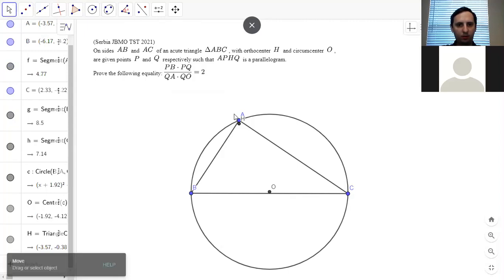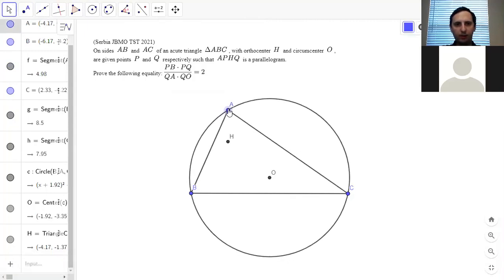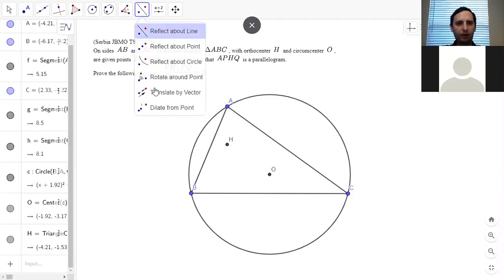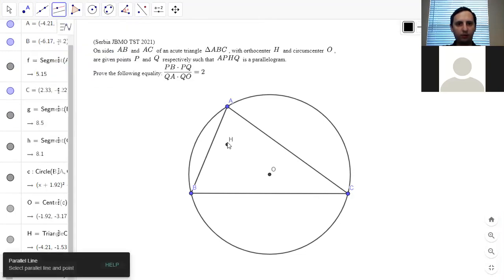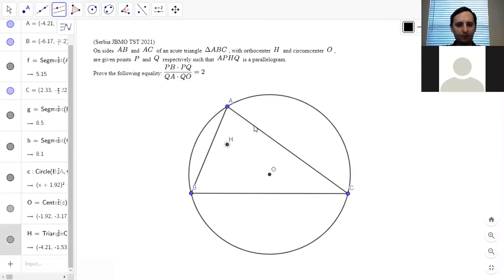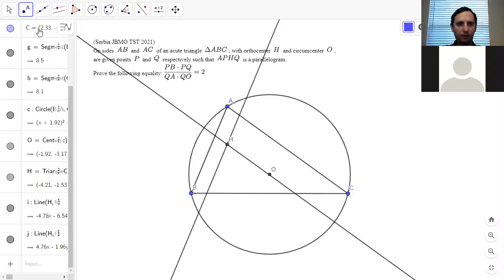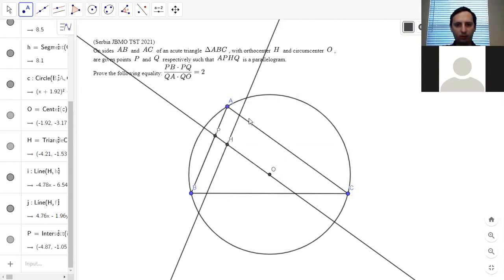And then we want to draw P and Q on AB and AC, so that APHQ is a parallelogram. So I'm just going to draw parallel lines through point H to AC and AB. And so these points will be P and Q, those two intersection points. So P is on AB and Q is on AC.